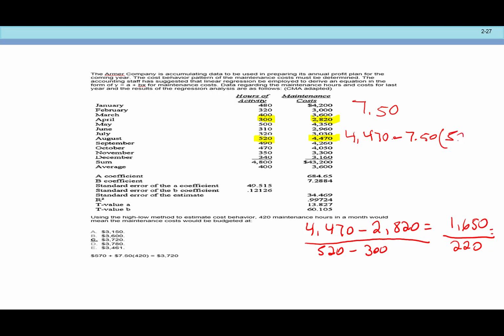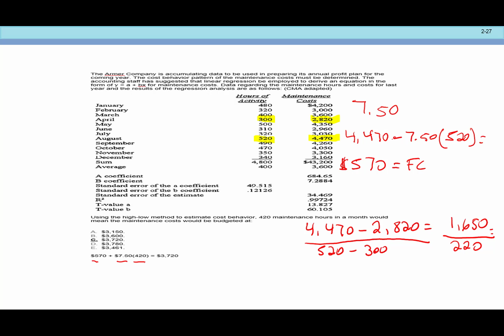Good, 520. Doing the math on that, I get $570. So that's my fixed cost. And then I simply take my fixed cost plus my variable cost per unit times the number of units they asked me to calculate the total cost for in this example. And that gives me 3,720, the answer to this question.